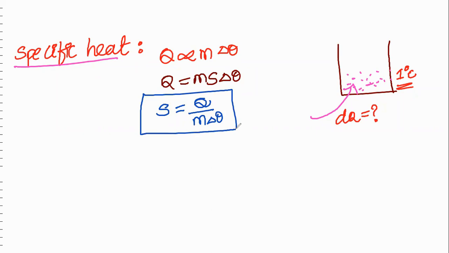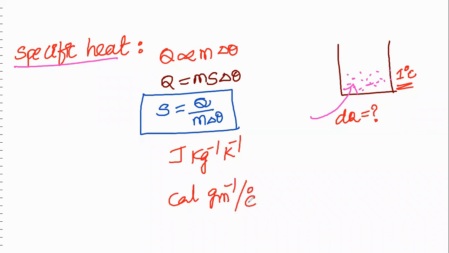The unit of specific heat is joule per kg per Kelvin, or calorie per gram per degree centigrade. It is the amount of heat required to raise the unit mass of the substance through 1 degree centigrade or 1 Kelvin.